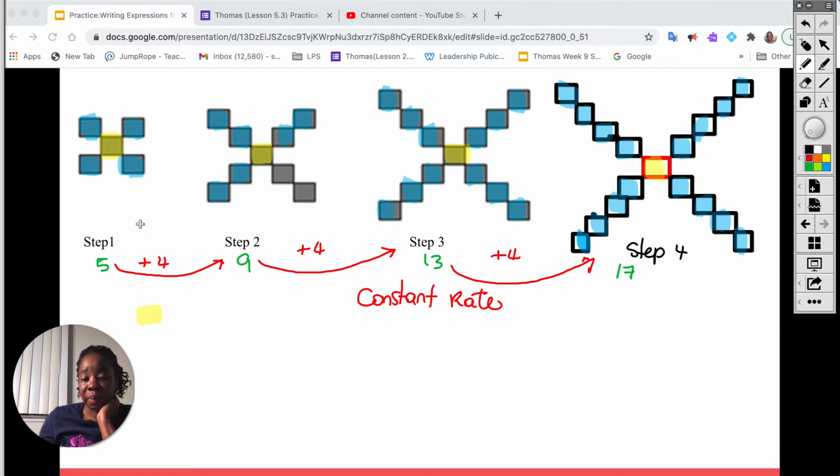And so as we were saying initially, what stays the same is the square in the center, 1 square in the center.